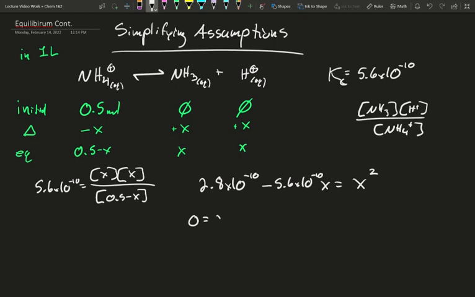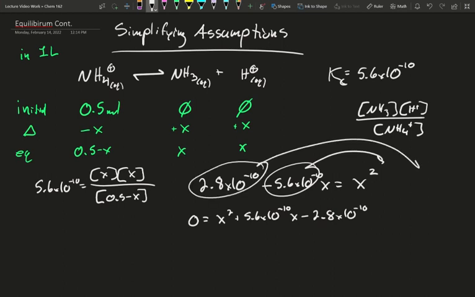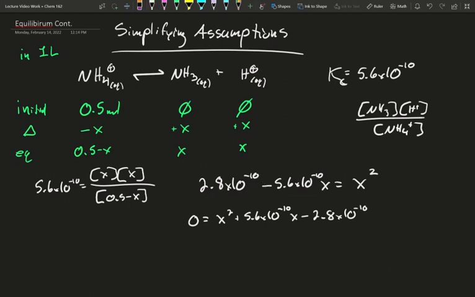0 equals x squared plus 5.6 times 10 to the minus 10x minus 2.8 times 10 to the minus 10. So we added 5.6 times 10 to the minus 10x to each side. We subtracted 2.8 times 10 to the minus 10 from each side to get it rearranged. And now we can set up our quadratic.